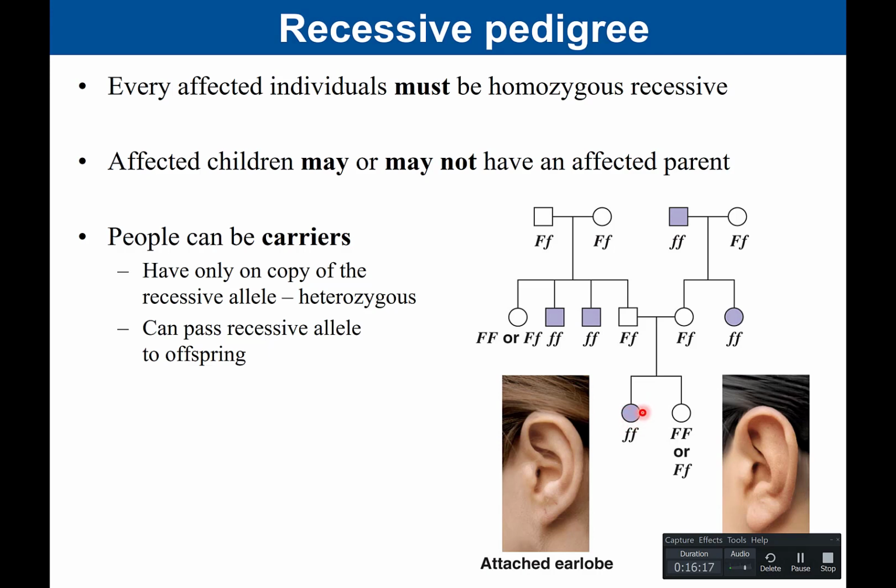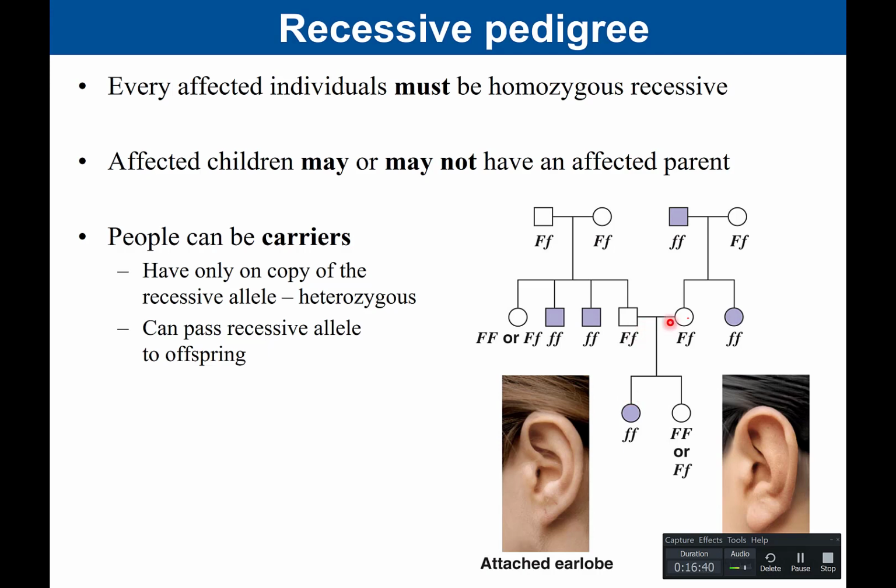Because remember, if this was a dominant trait, that means that the dominant allele is here, which means one of the two parents had to give the dominant allele. But we don't see that. So if you see this type of transmission where neither parent has it, but they have a child that does, that tells you that that is a recessive pedigree.